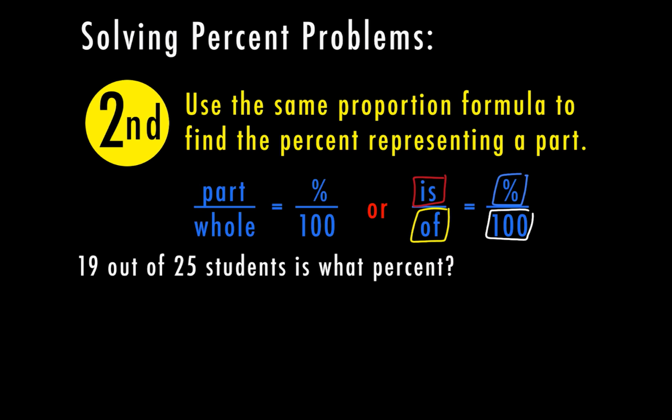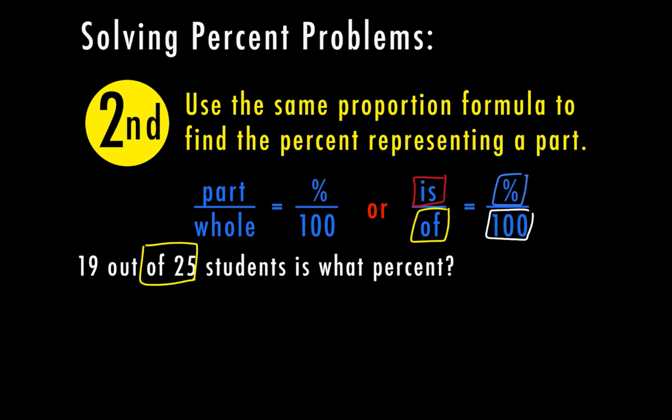So for this next one, we have 19 out of 25 students is what percent? The way this one is worded makes it a little bit trickier than the last one, but let's break it down. I have 19 out of 25 students. I see the word of here, so that means 25 is my of.